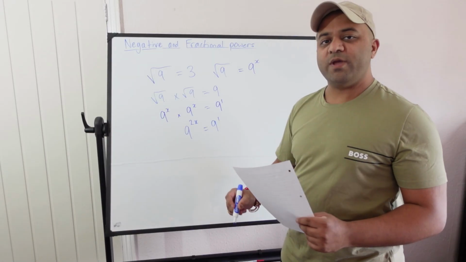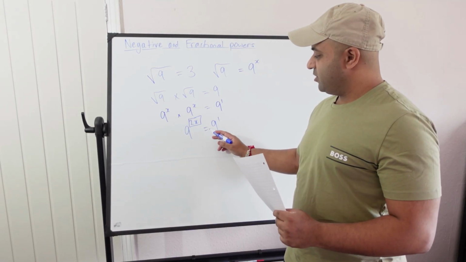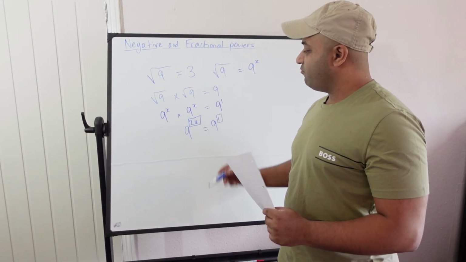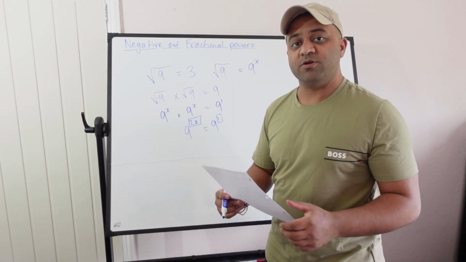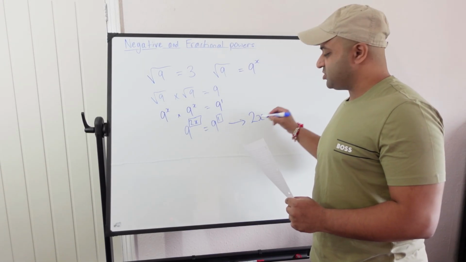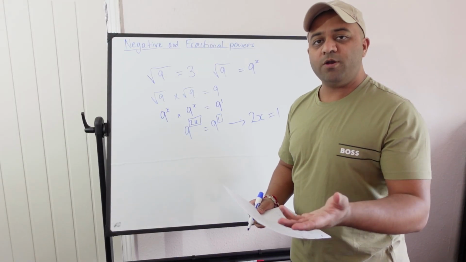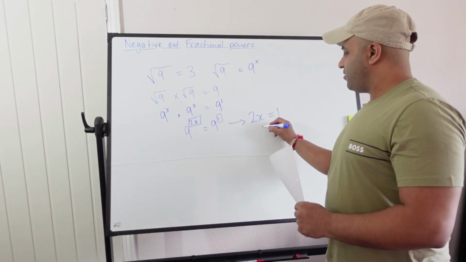So now we have that 9 raised to this power is equivalent to 9 raised to the power of 1. Therefore, we can conclude that the number 2x must be the same as 1. So 2 multiplied by something is 1, that number must be a half.